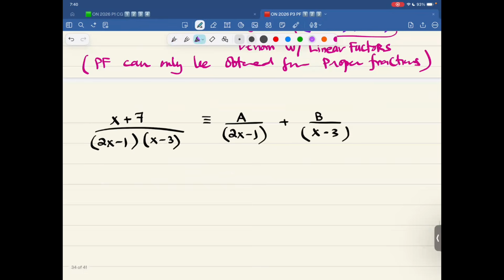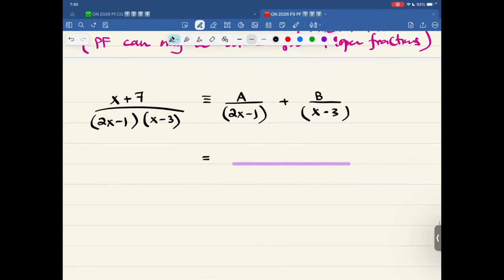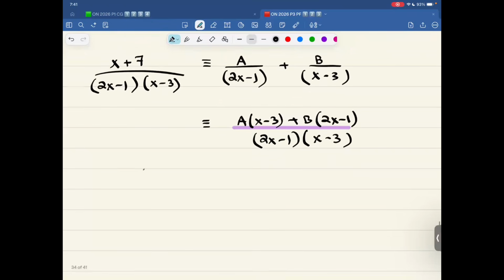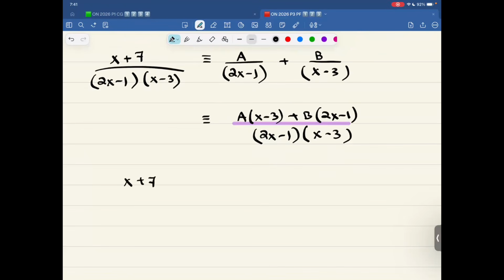Take the LCM, and this you have already done. So this is a into x minus 3, b into 2x minus 1. Now x plus 7 equals a times x minus 3 plus b times 2x minus 1.